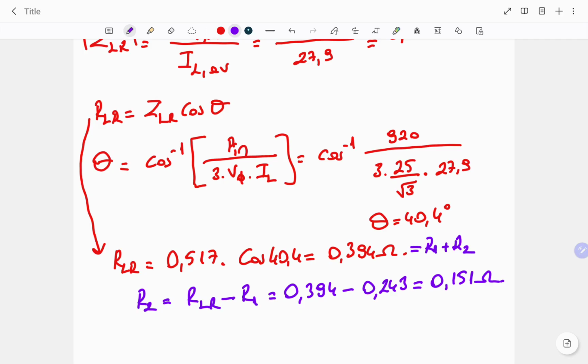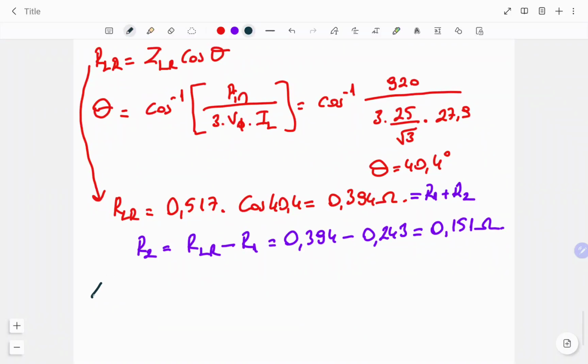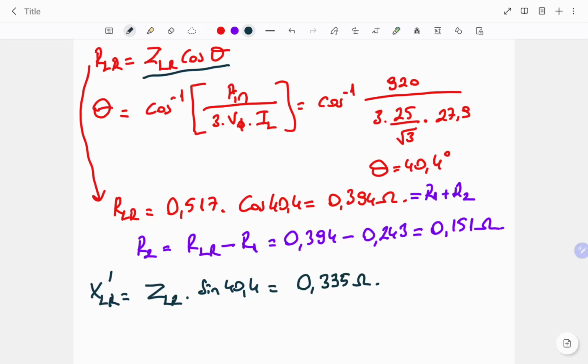What about the reactance of the circuit? Similarly, X blocked-rotor will be the imaginary part of the impedance. So during the test, we calculate Z blocked-rotor times sine of 40.4 degrees. From here it can be calculated as 0.335 ohms.